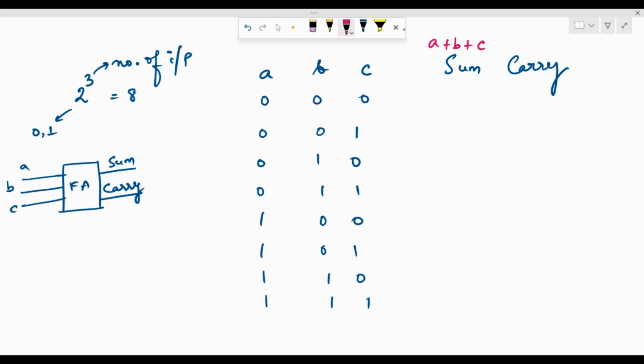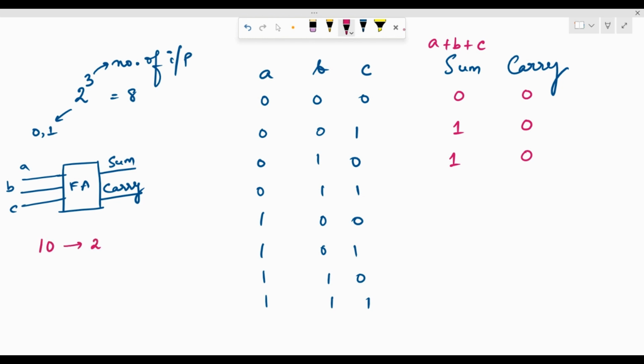Putting A plus B plus C here, since all of the three are zeros, this is going to be sum 0, carry 0. Here there's just 1 in the C, so that's going to be 1 with 0. Again, 0 plus 1 plus 0 is 1, carry 0. Here 1 plus 1 is 2. 2 in binary is nothing but 1, 0.